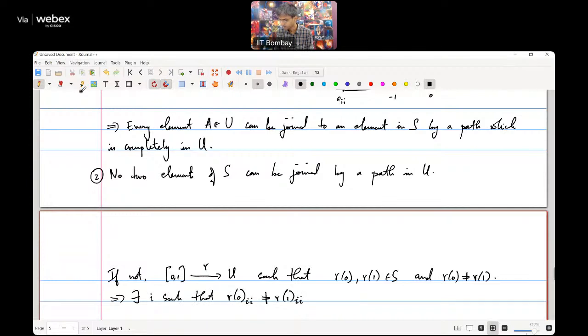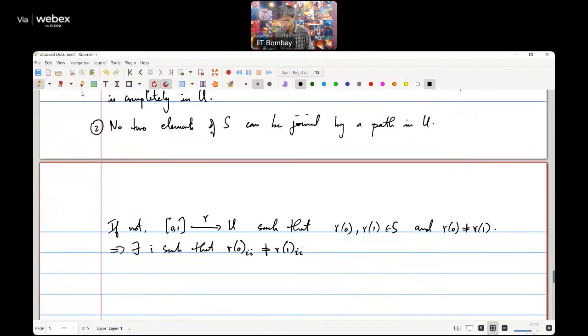These are matrices, so there will be some i where they differ, because if they agree in all i's, then gamma 0 would equal gamma 1, which is not true.